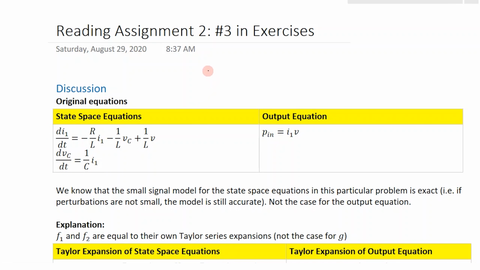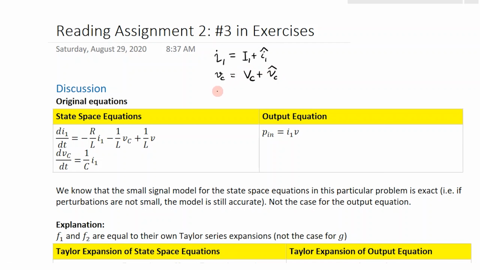Then we replaced all the variables with their perturbed quantities. So we had our I1, which was first written like this, plus I1 hat. Then we had our VC that was written as DC plus perturbation.